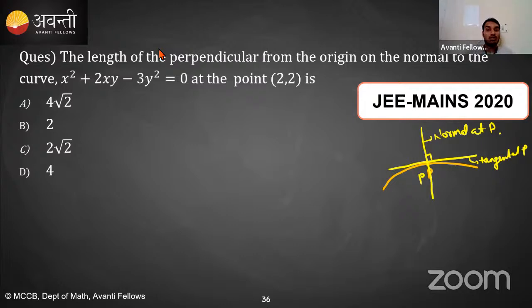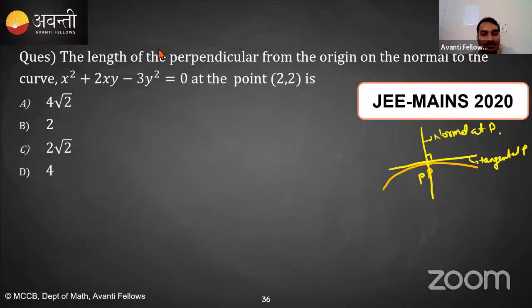I have told you already in the class, if you have a homogeneous equation of degree n, then that will represent n straight lines passing through origin. In this case we have a homogeneous equation of degree 2, so this is representing 2 lines which are passing through origin. If you are smart enough, you can factorize this and get the lines themselves.